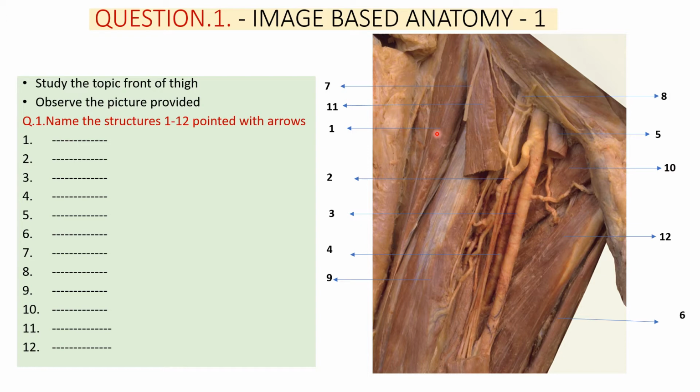Which is a muscle. And then look at the structure 2, a vessel. Structure 3, a vessel. And then structure 4, a vessel. Structure 5, a vessel.